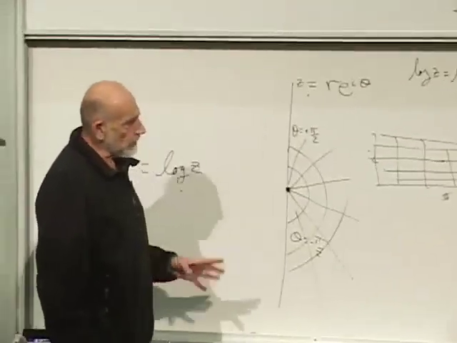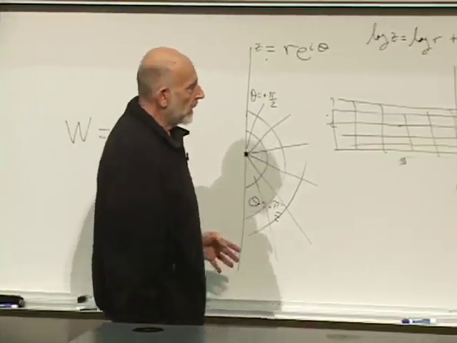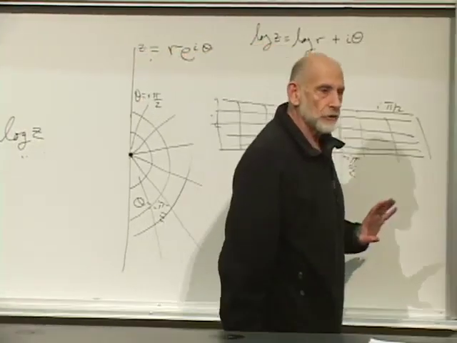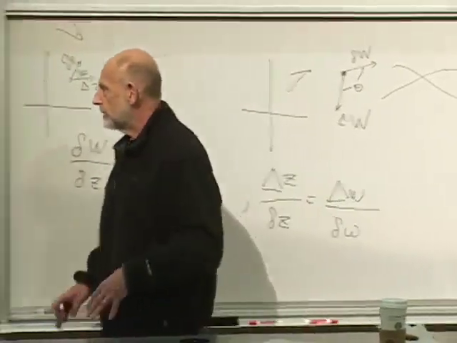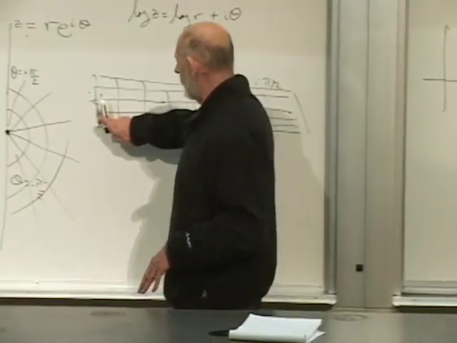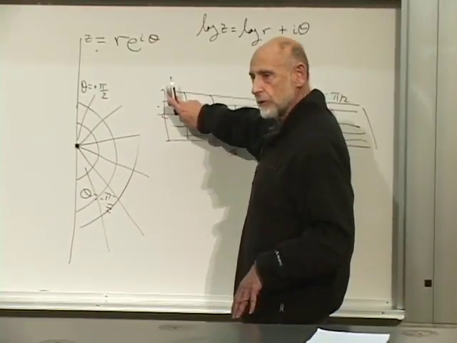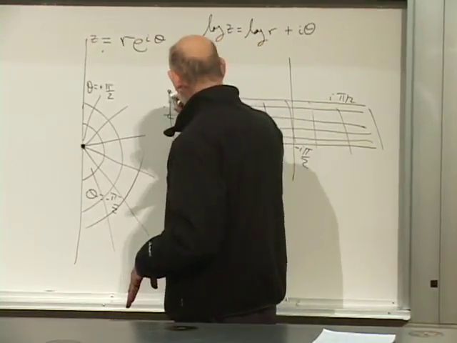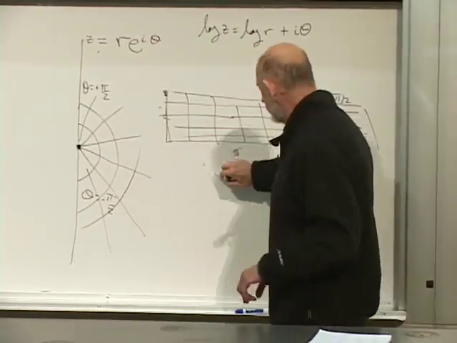Why is this strip description interesting from the point of view of string theory? This was the way I described the world sheet of a string in terms of a coordinate, what do we call it, sigma? Sigma, which went from minus pi over 2 to pi over 2. That was, if you like, the parameter along the string.